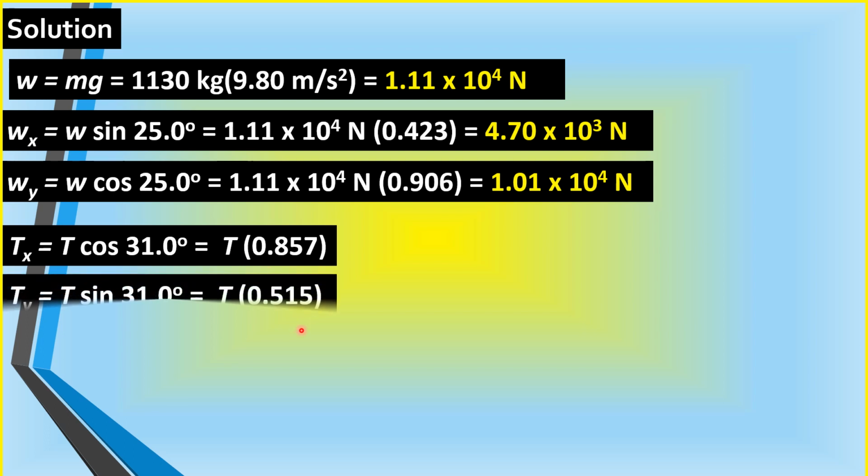And for Ty, that's also equal to capital T multiplied by the sine value of 31.0 degrees. So we just let Ty be equal to the unknown value T multiplied by 0.515.